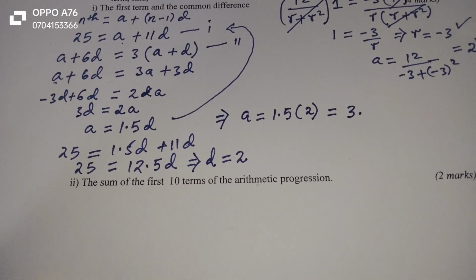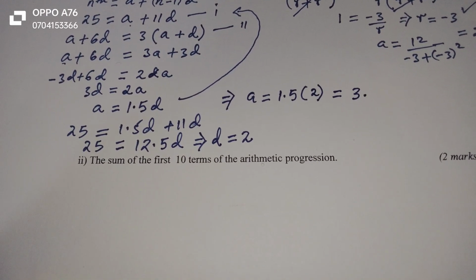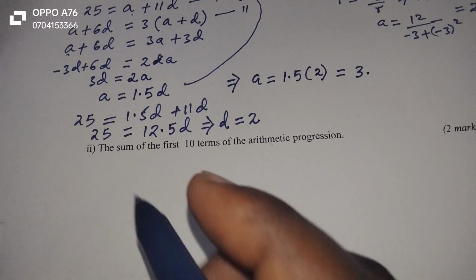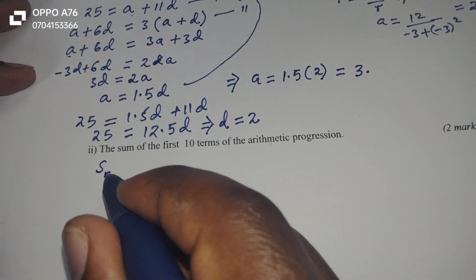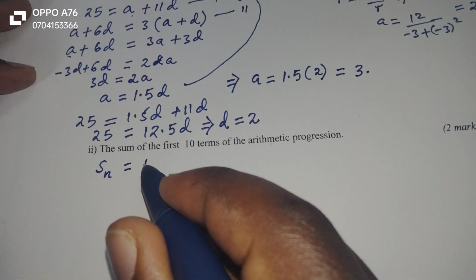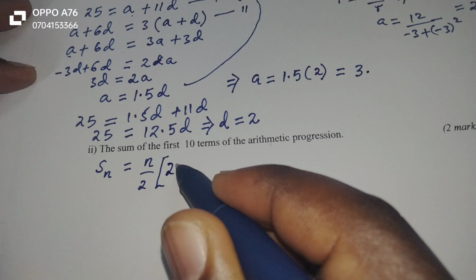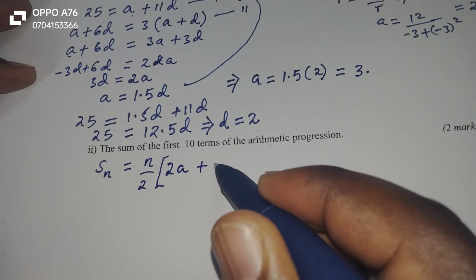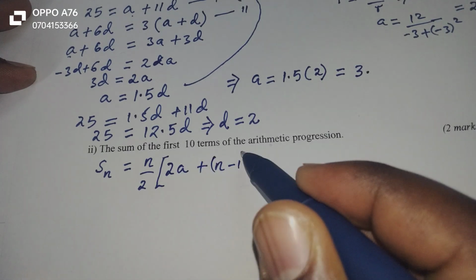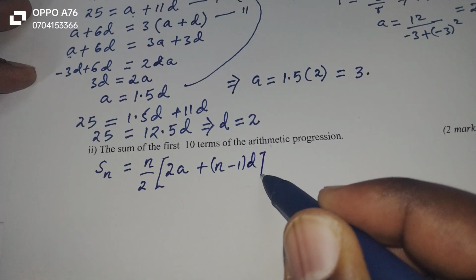Part 2, the last question. The sum of the first 10 terms of the arithmetic progression. This can be done in 2 ways. The first one, we usually say that the sum of a given number of terms is given by n out of 2, multiplied by 2a plus n minus 1 multiplied by d.